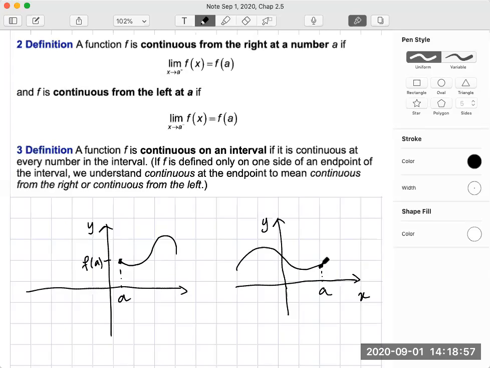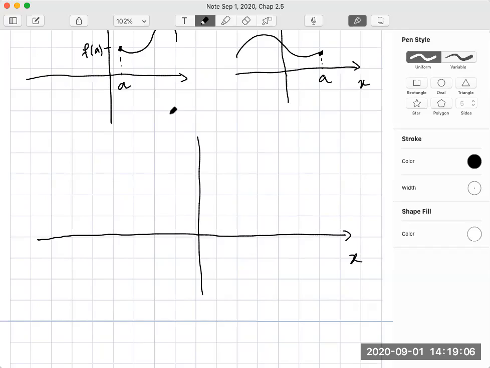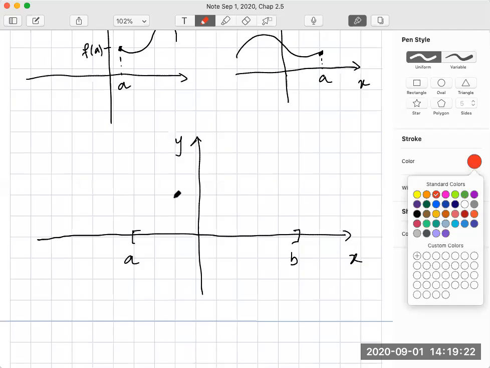Or in other words, the function is continuous in an interval from A to B, where A and B are any numbers, if we can draw that function continuously without taking our hands off, right?